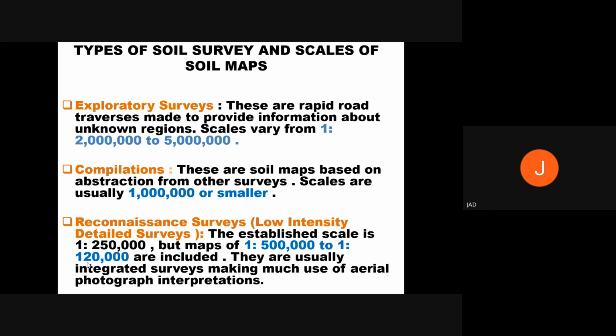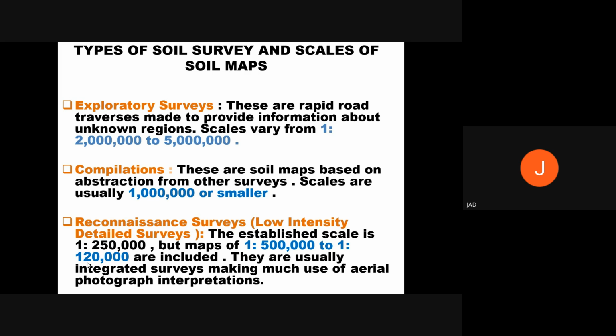And then you can use that too. So these are the types of scales that we use. We have the exploratory survey scale, which is most often in higher dimension, followed by compilation. Then we have reconnaissance, meaning that you're just walking through and you only look at a few attributes on the field.